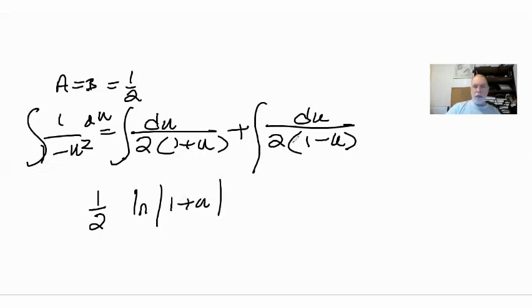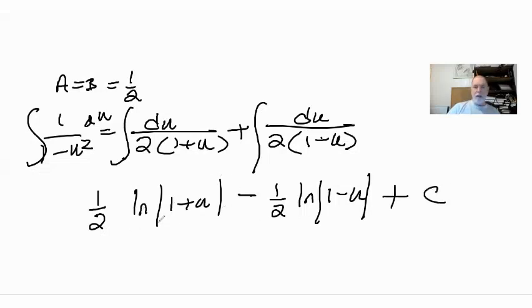And this one is going to end up being 1/2 of the log of 1 minus u. Okay? And because of this negative sign, we're subtracting. And of course, now that we've integrated, we get plus the constant.